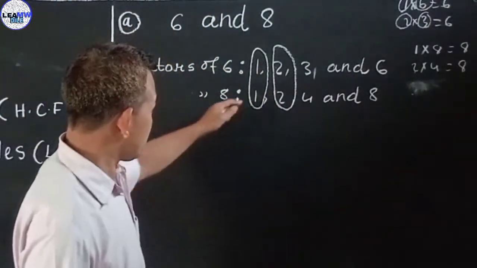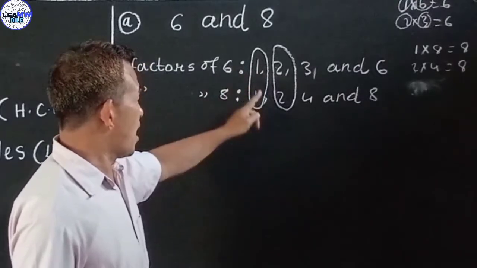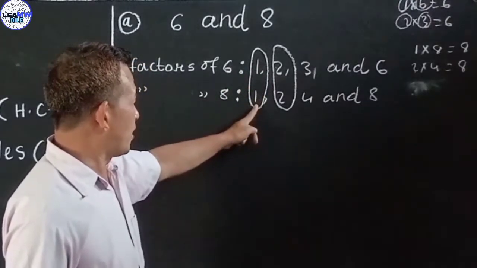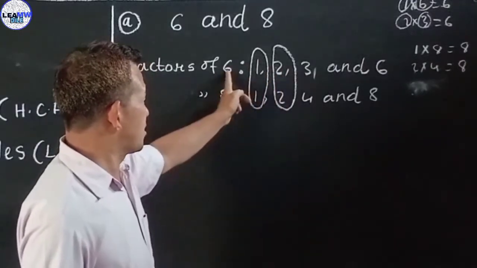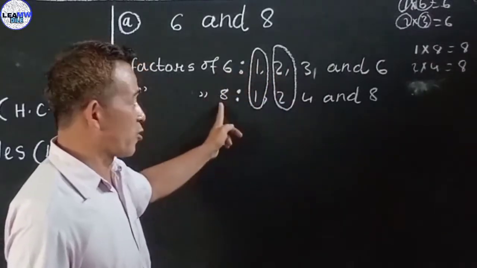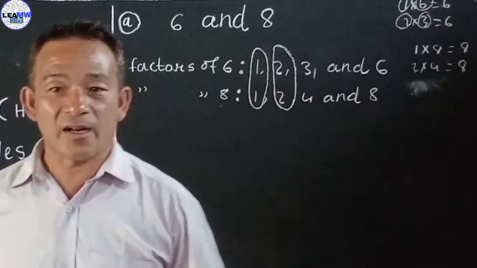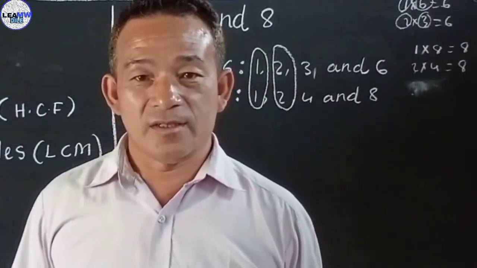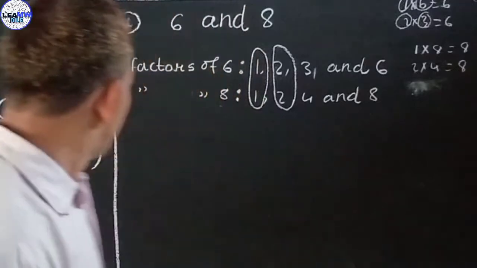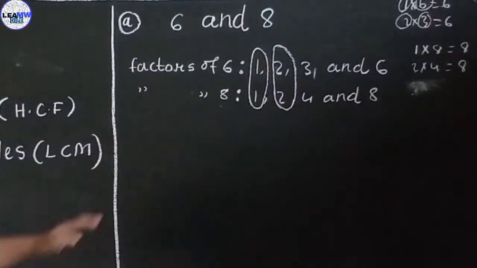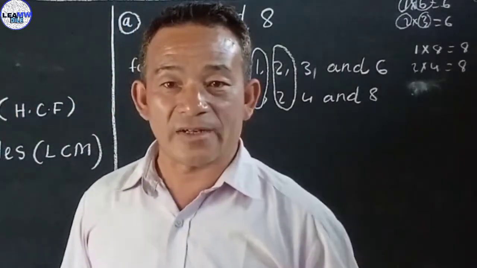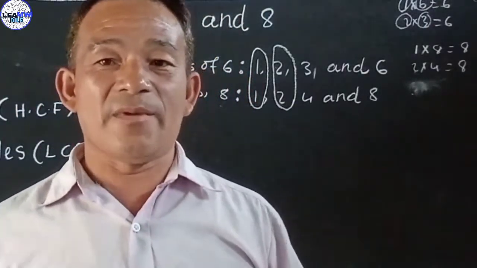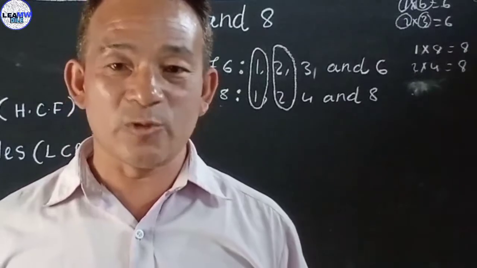Because 1 is a factor of 6 and also a factor of 8, and 2 is a factor of 6 and also a factor of 8. That means they are common factors. This is how we find the common factors of two or more given numbers.